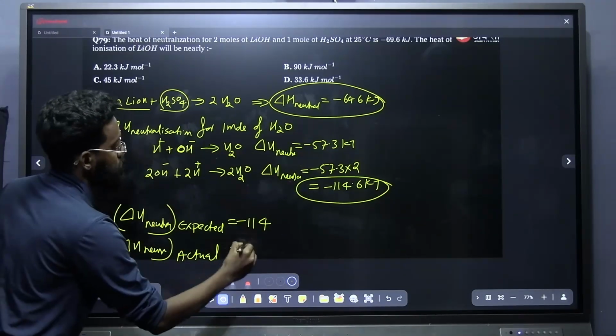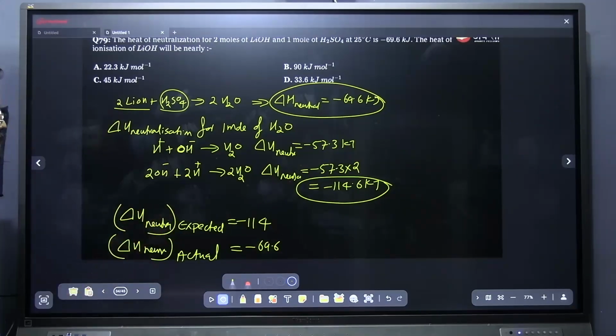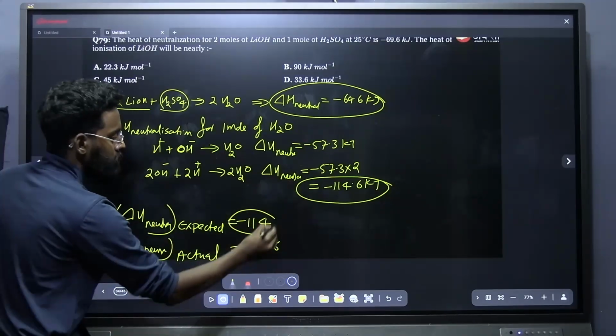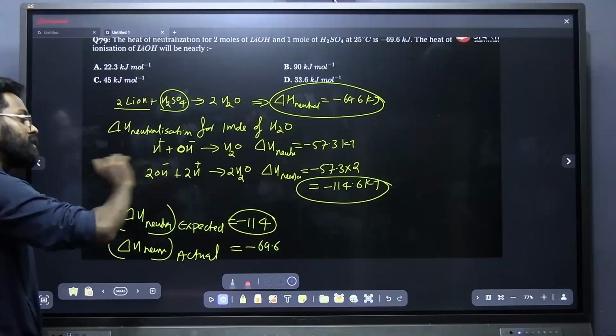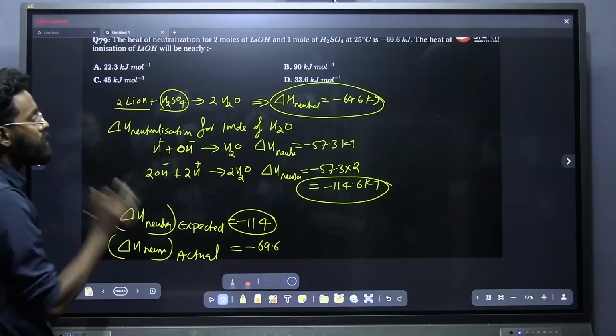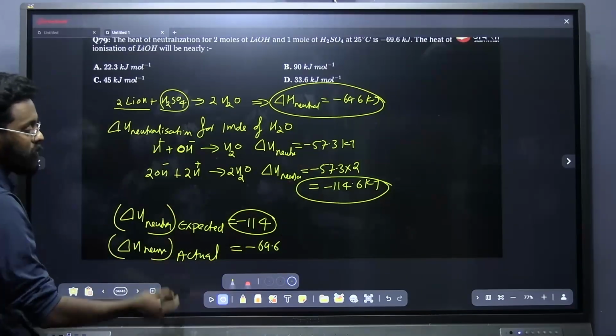Actually it is forming, how much? Minus 69.6. Now why this difference? Actually minus 114 kilojoule should have been released, but what is happening?